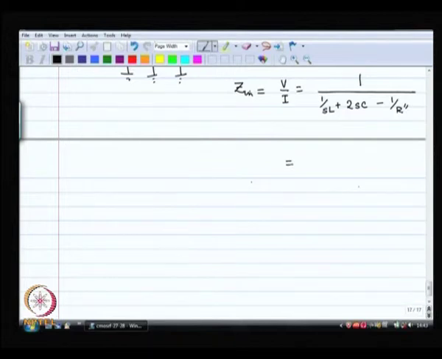I do not need to simplify too much, just going to multiply the numerator and denominator by S times L. And this is what I am going to see.